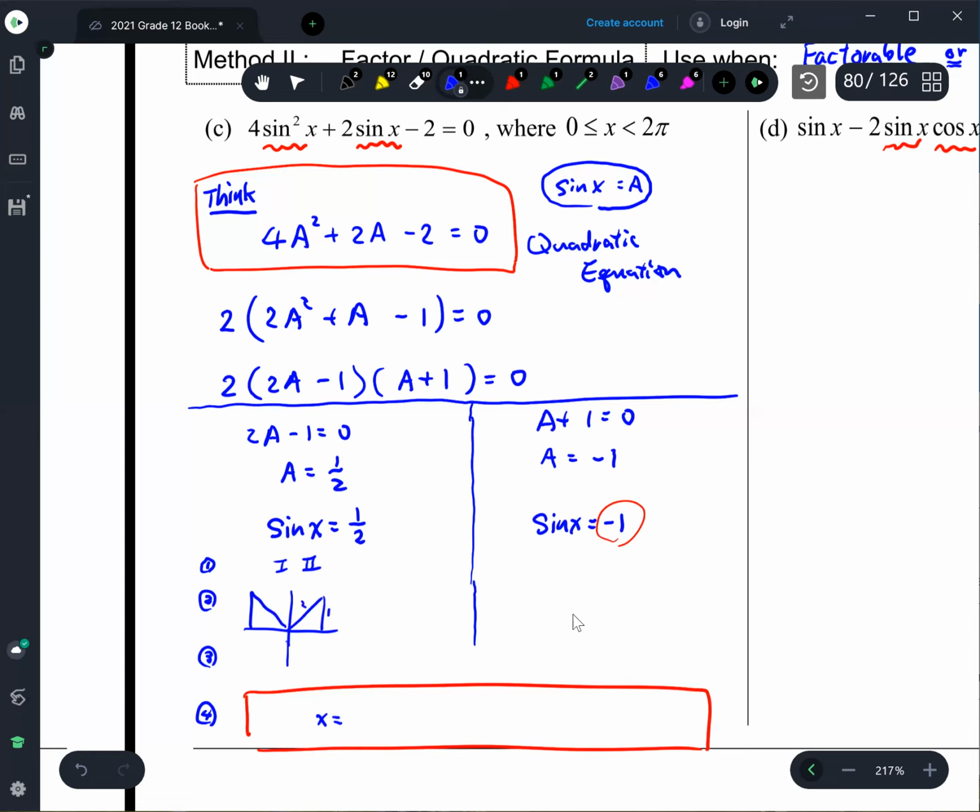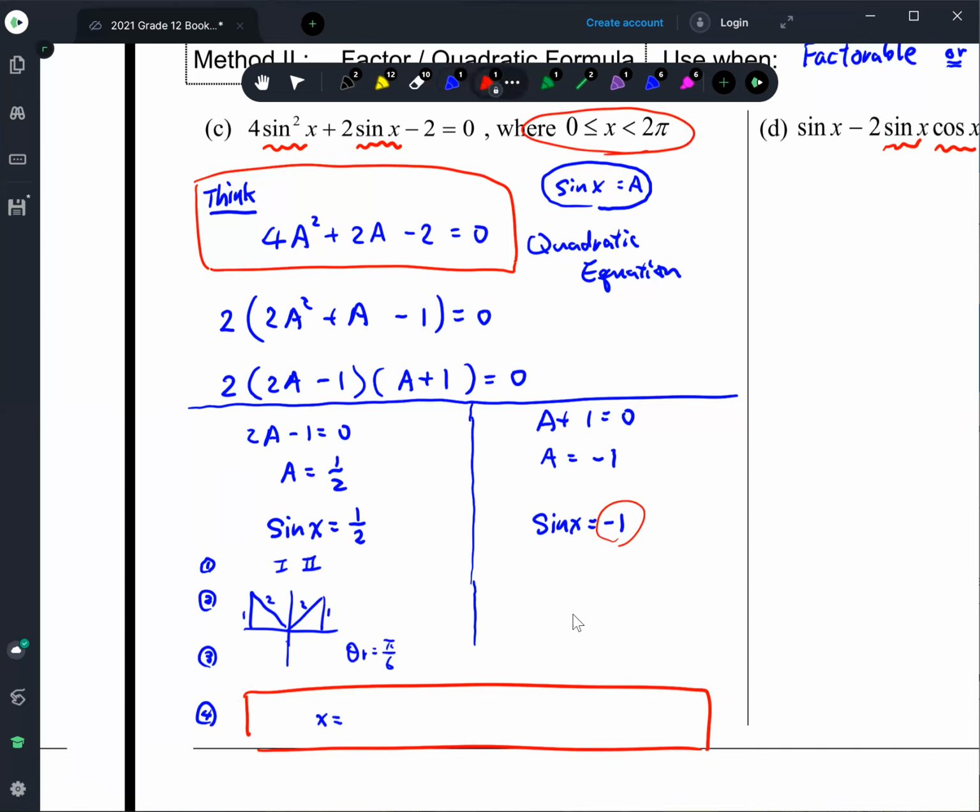Opposite over hypotenuse, right? Evan, what's the reference? Pi over 6. Oh, pi over 6, that's right. This one, the domain is a regular one, 0 to 2 pi. So you just go here, there, right? That's the answer.